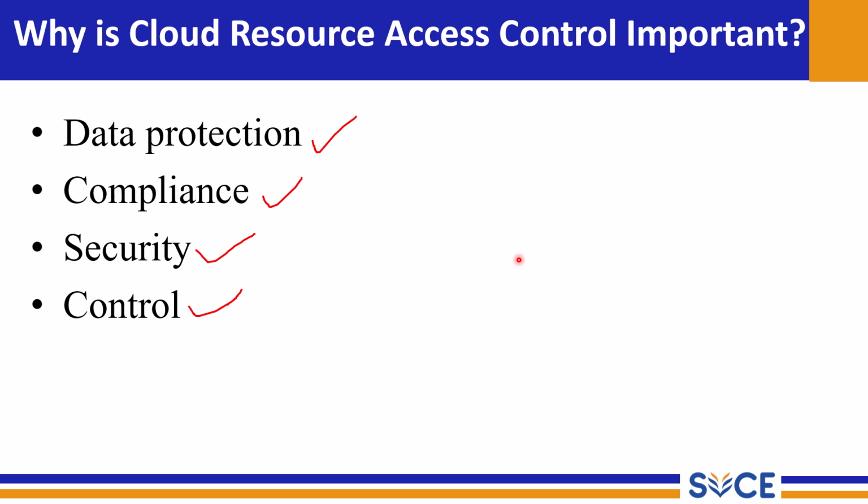If the token has minimal scope, damage is limited. If it's over-permissive, it can lead to total compromise. So access control is about minimizing human error, maintaining compliance, and keeping operations running smoothly. Okay, so this is all about it.